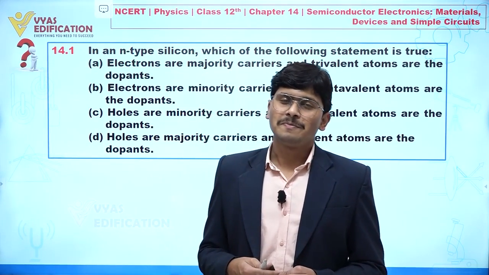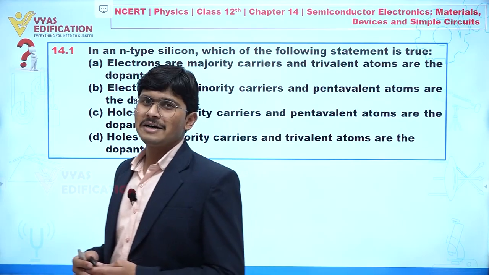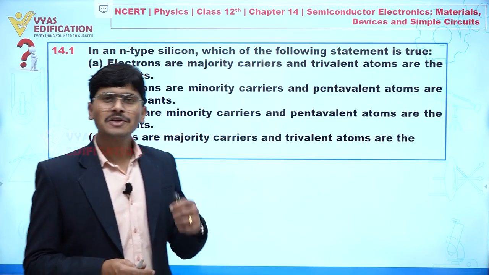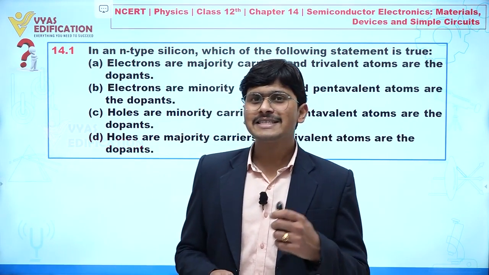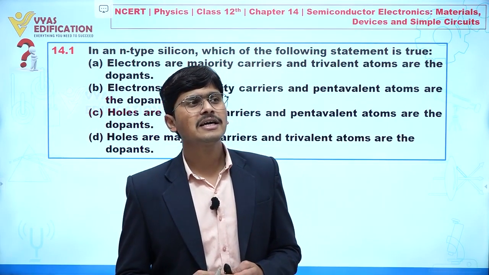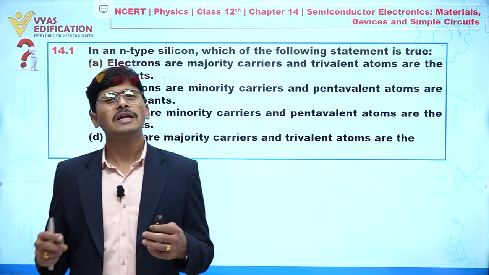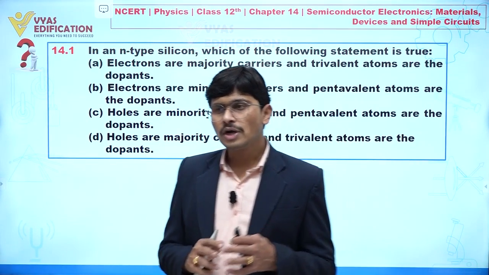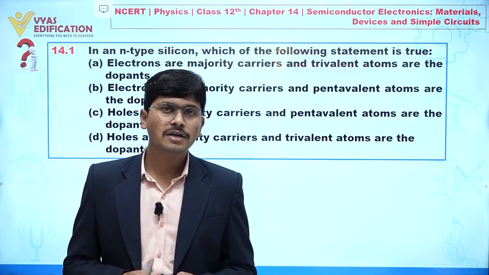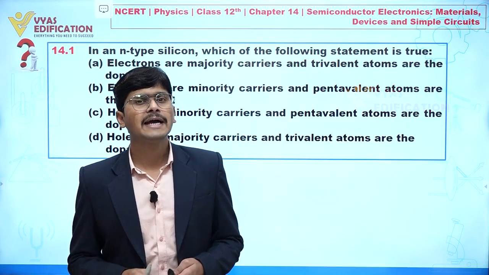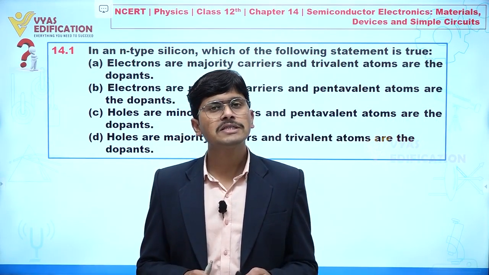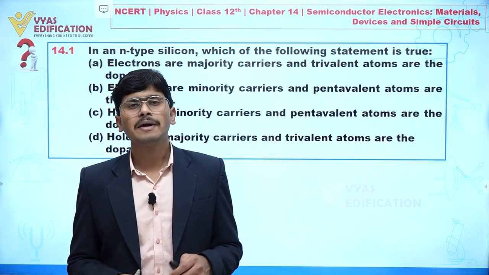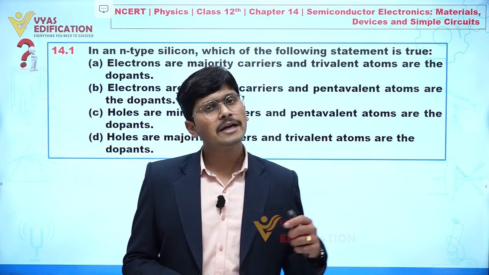Let's suppose we first talk about an intrinsic semiconductor, in which we have 4 valency of the carbon family. Clear? At that time there is no impurity present in it. But what will happen when we add some impurity? Impurity means we are adding some atom that is related to the third group or the fifth group.